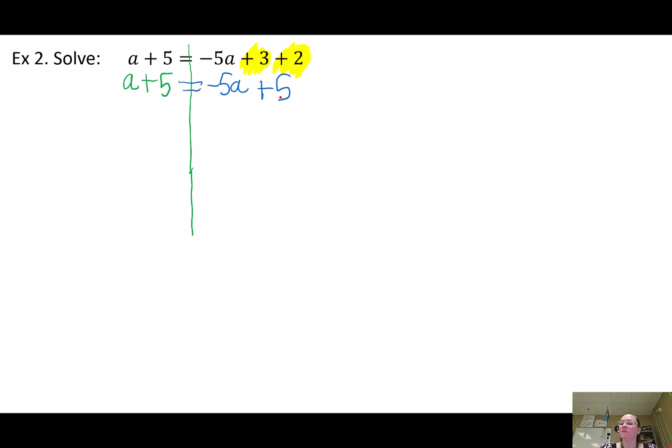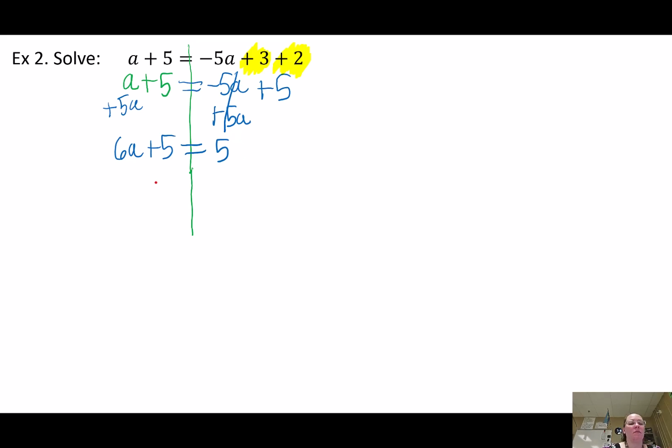All right, from here, both sides are simplified, and we can continue on moving our variables to the other side. So I'm going to add 5a to both sides since it's a negative 5a. So a plus 5a gives me 6a. I still have the plus 5 on the left side, and I'm left with 5 on the right side.